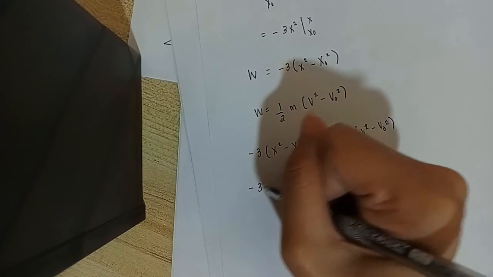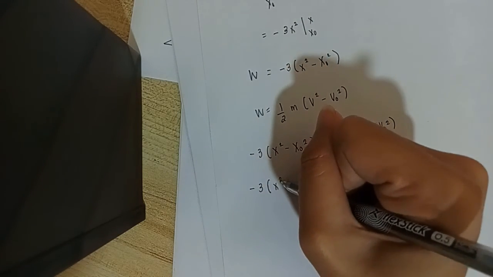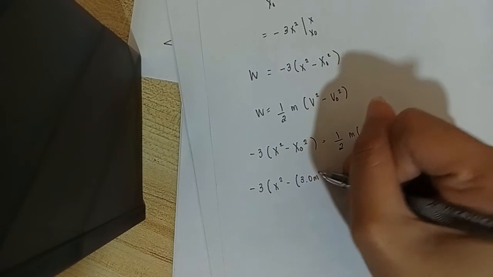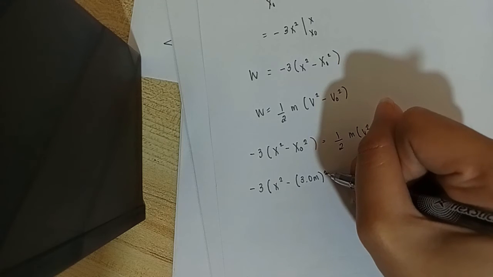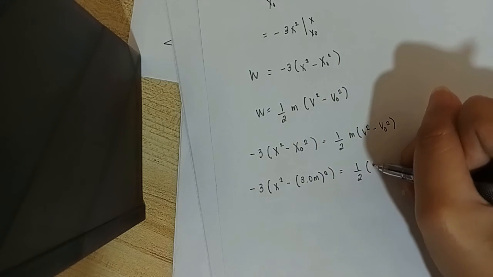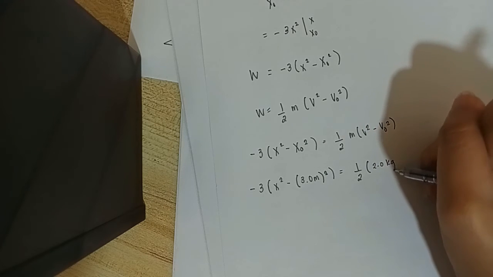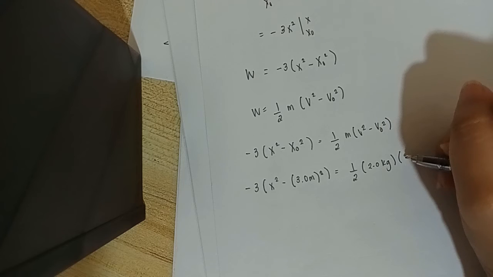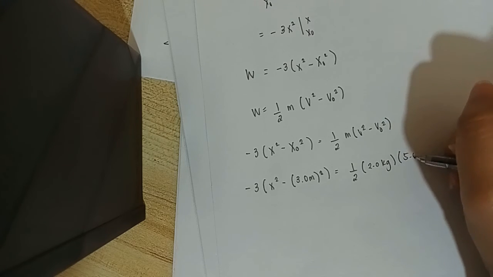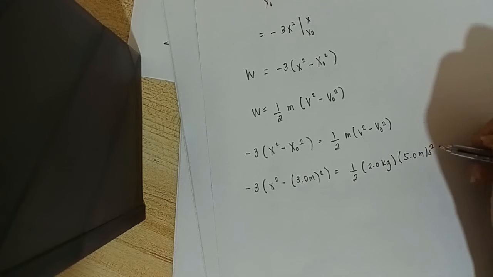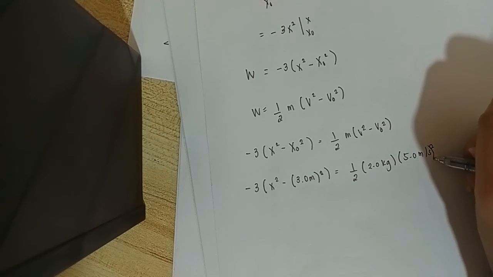Substitute our given, that would be x sub 0 is equal to 3.0 meter, and our mass is 2.0 kilogram. Our velocity as given is 5 meter per second, minus 8.0 meter per second squared.